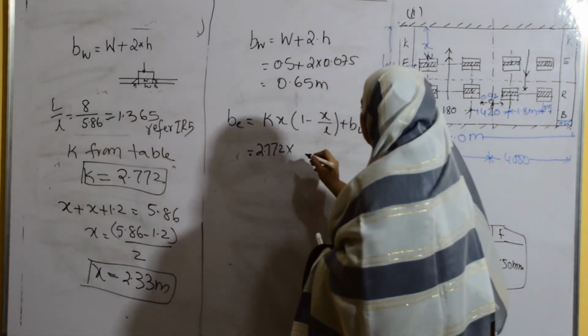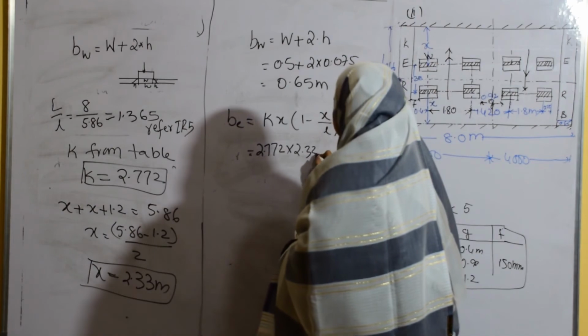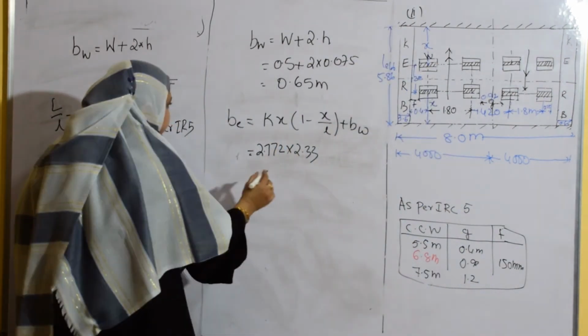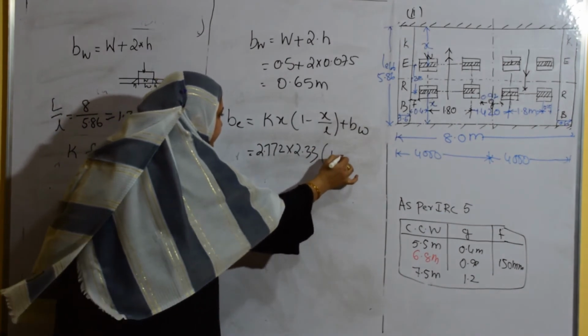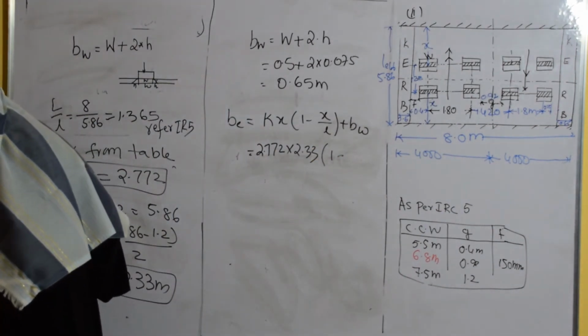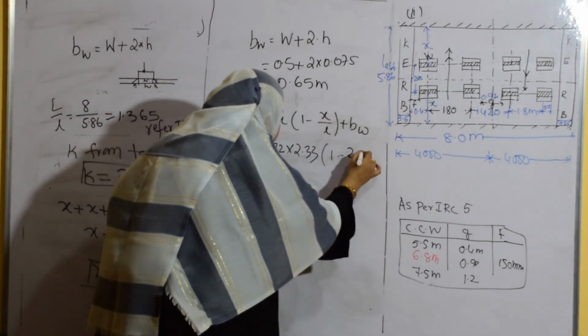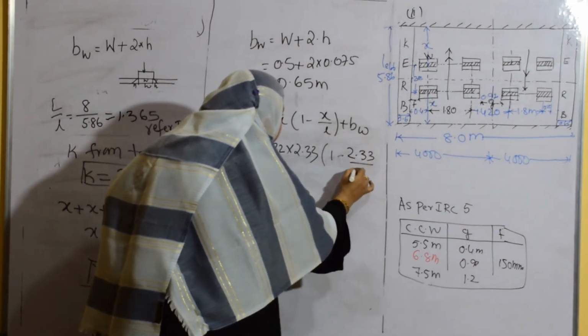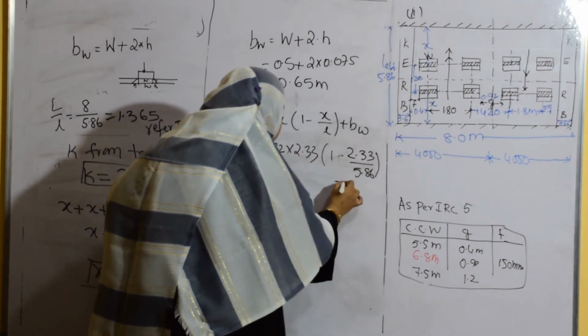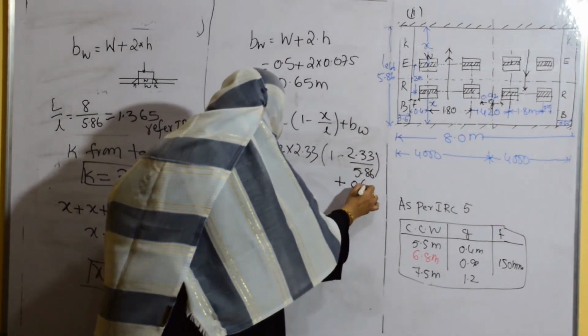X value is 2.33, into 1 minus, the x value is again 2.33, L is effective span 5.86. Multiply everything, plus add 0.65.